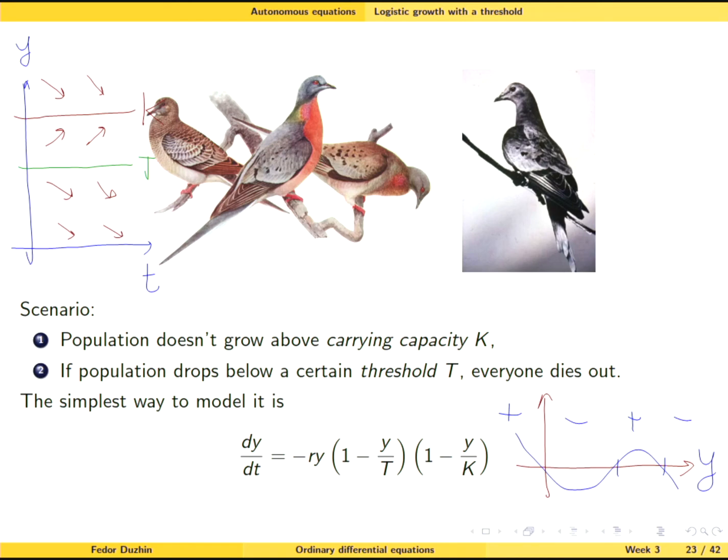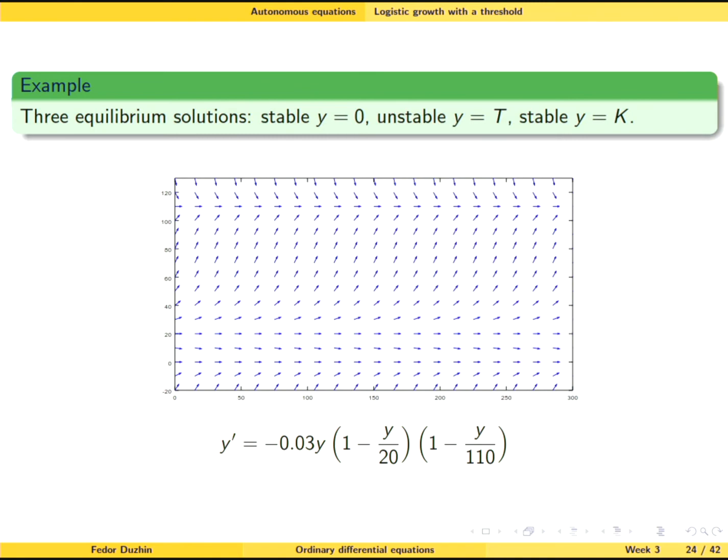And then the simplest that you can do is a cubic polynomial, and that's what it is. So this is called the logistic equation with a threshold. Okay, so now if we have the logistic equation with a threshold, then we have not 2 but 3 equilibrium solutions.